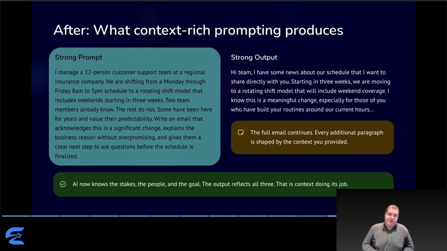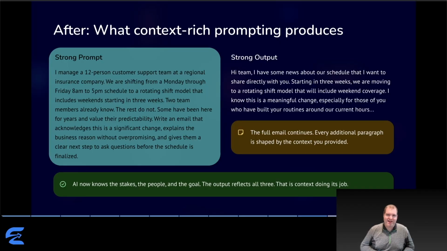The output begins. Hi team, I have some news about our schedule that I want to share directly with you. Starting in 3 weeks, we are moving to a rotating shift model that will include weekend coverage. I know this is a meaningful change, especially for those of you who have built your routines around our current hours. And it goes on. But listen to the opening line. I have some news I want to share directly with you.